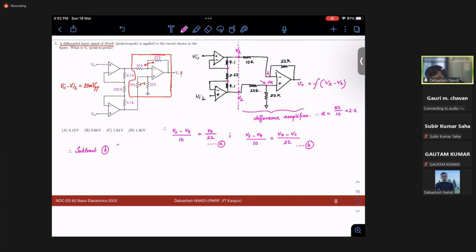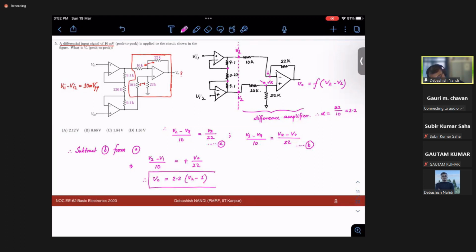This will cancel, and this will also cancel. So minus V0 over 22. Okay. So your V0 will be, this will be negated, so this will be plus. So V0 will be 2.2 into (V2 minus V1). Okay. This is a validation that gain of this stage is 2.2, right? This is what we have, by inspection we could have said this.